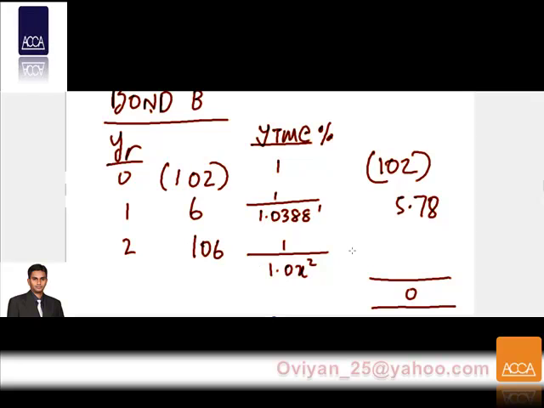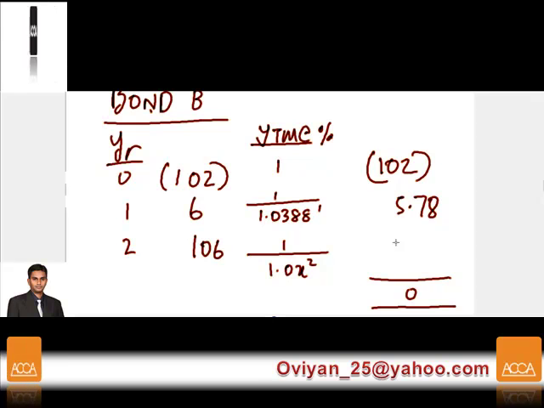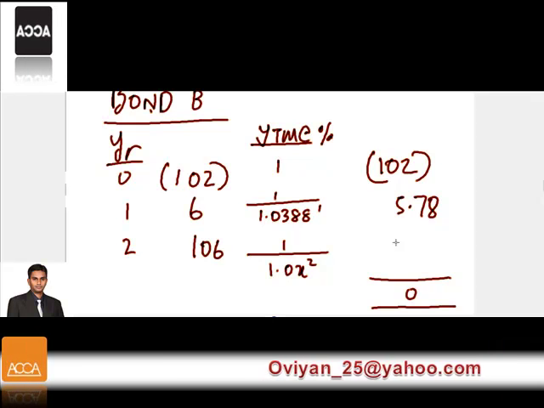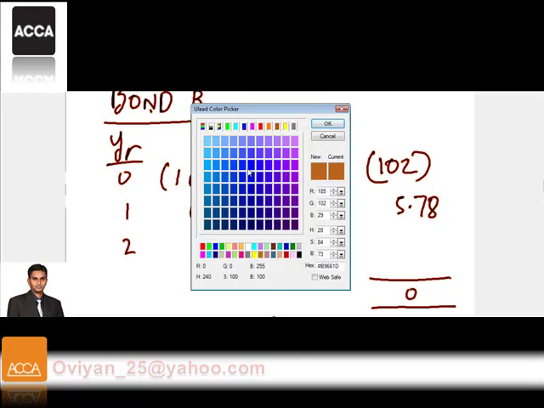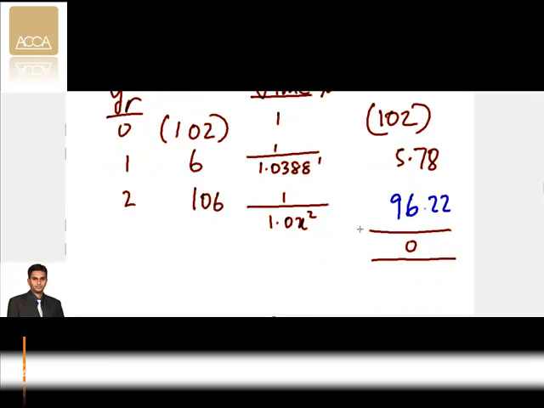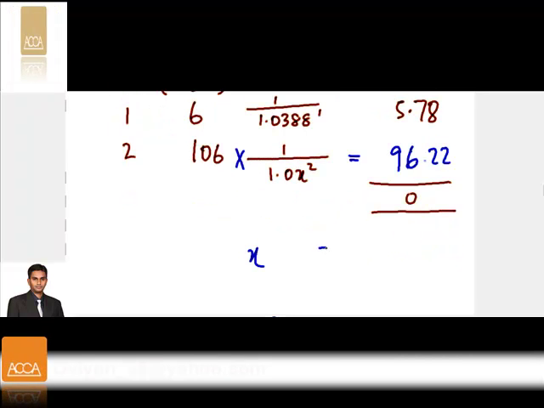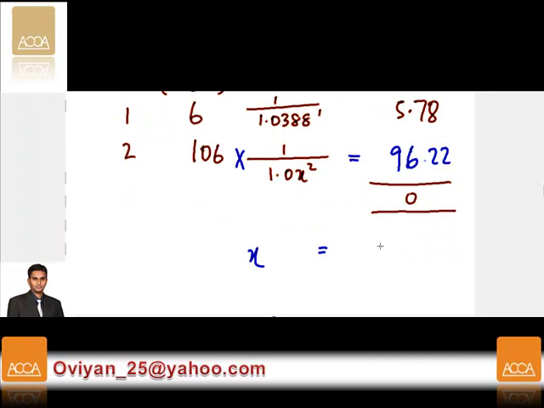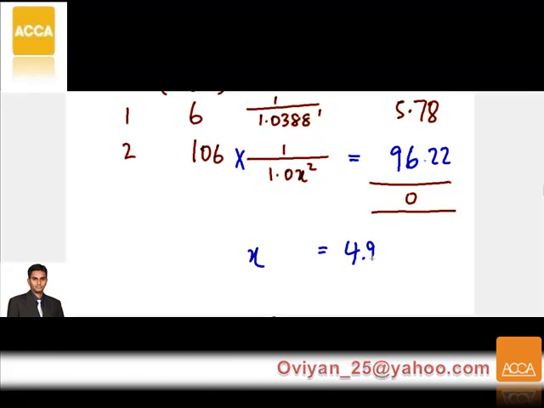So solving this equation, this figure has to be 96.22. So this times this equals this, and x, by calculation, is around 4.96%. This is going to be the second year spot annual yield curve.